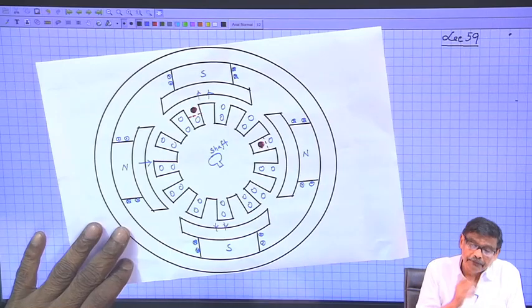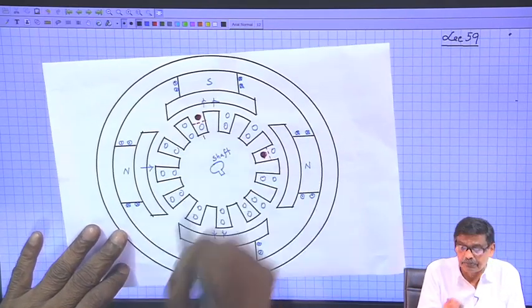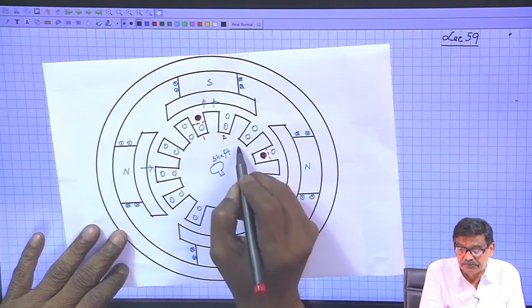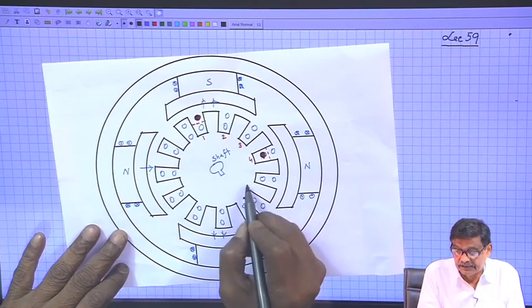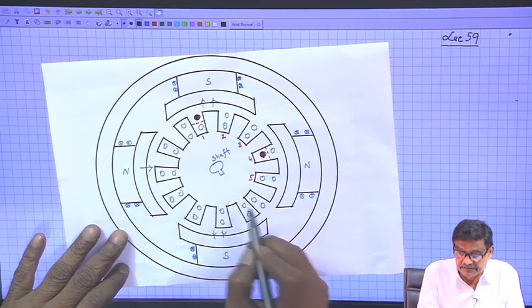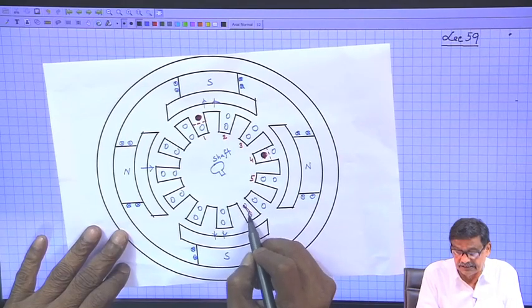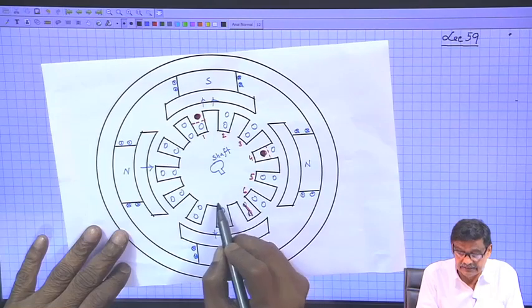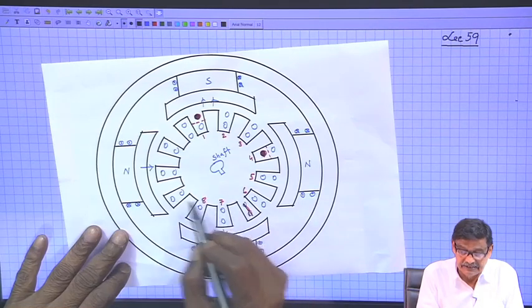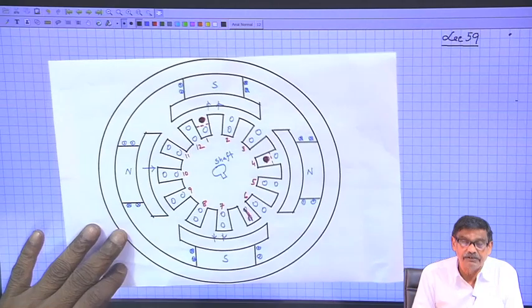For example, if I say the slots number, suppose 1, 2, 3, 4, then 5, 6, oh, I am sorry, this is the teeth, 5, 6, 7, 8, 9, 10, 11, 12, is it not?